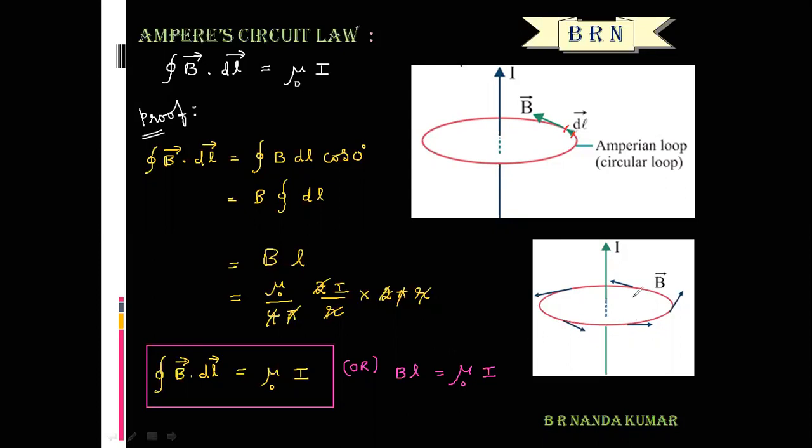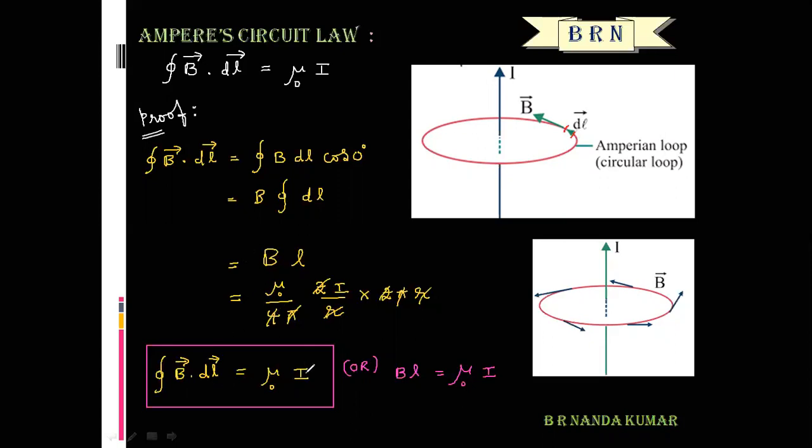The magnetic field B vector is directed along the tangent to every point on the perimeter L of a closed curve, and its magnitude is constant along the curve.